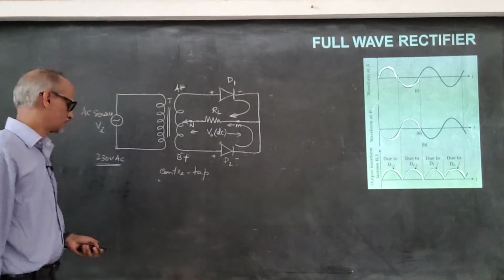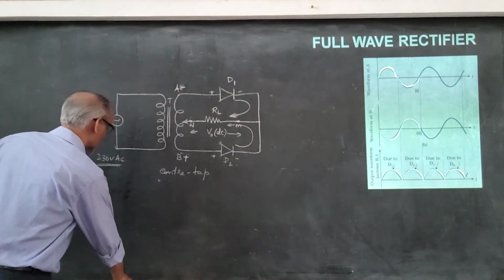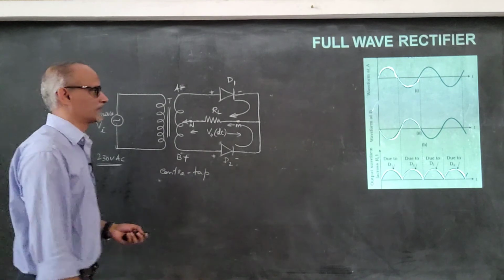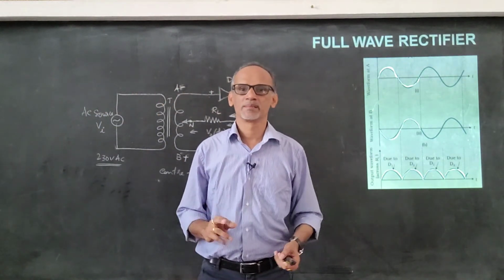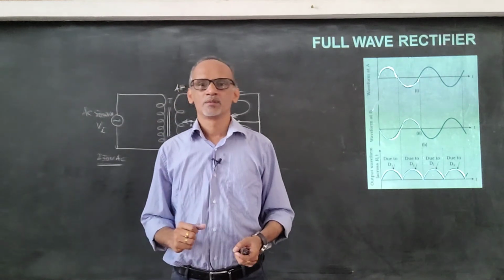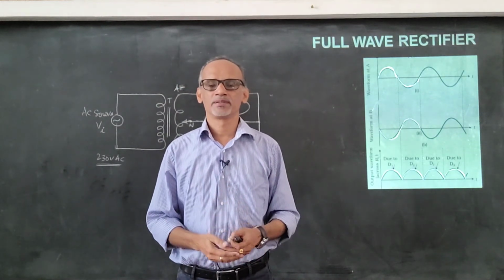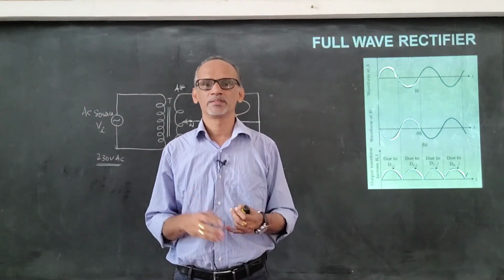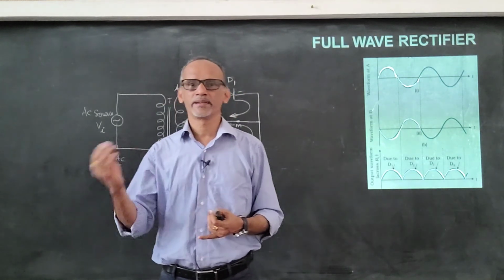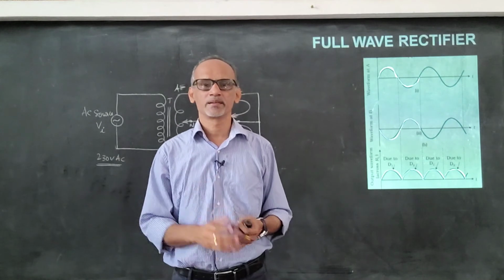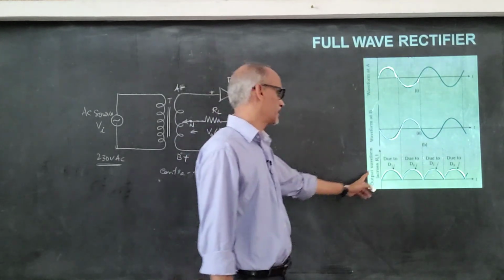So this is an important question, either half wave rectifier or full wave rectifier, and it can be expected in the board examination. Okay, so I hope you have understood the application of the diode, which is that a diode is used as a rectifier. And what is a rectifier? A circuit in which an alternating current can be converted into direct current. And how can you say that it's a direct current?